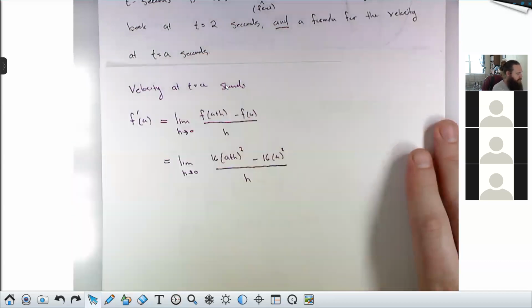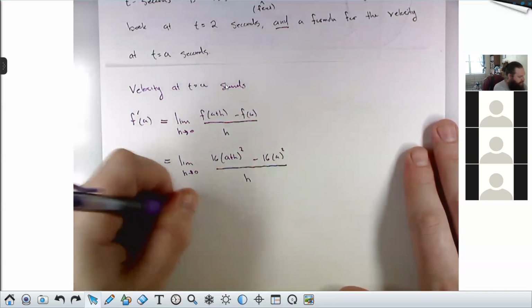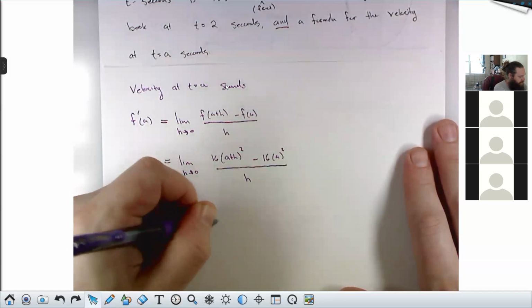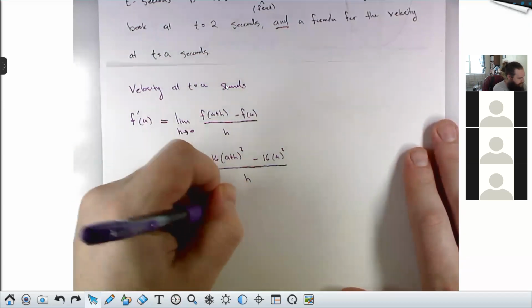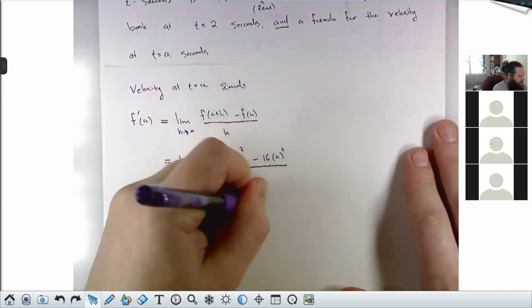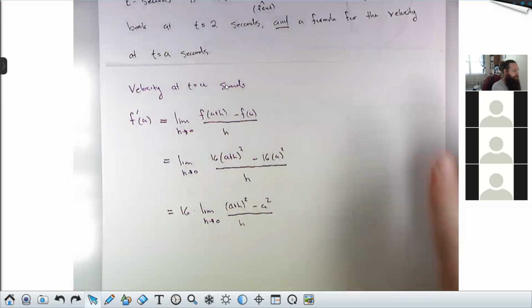All of this is still over h. Similar to the other guys, I can factor out the 16. I can bring the 16 all the way out past the limit. And what's left here is a plus h squared minus a squared over h.